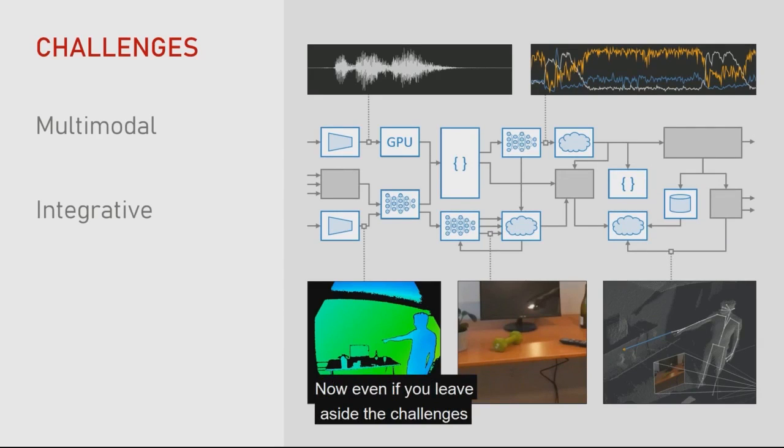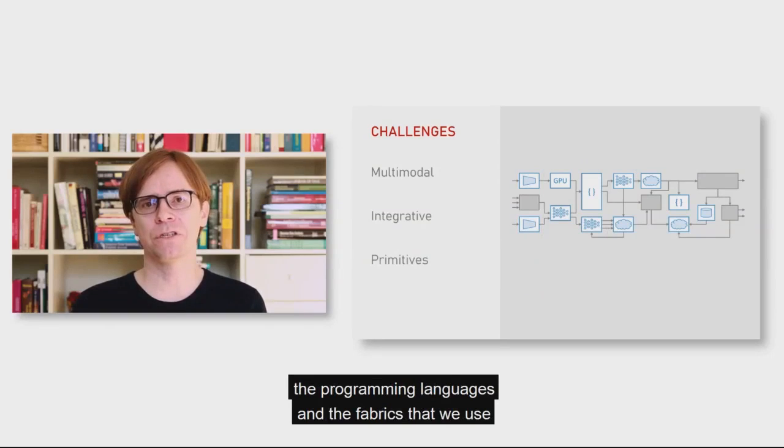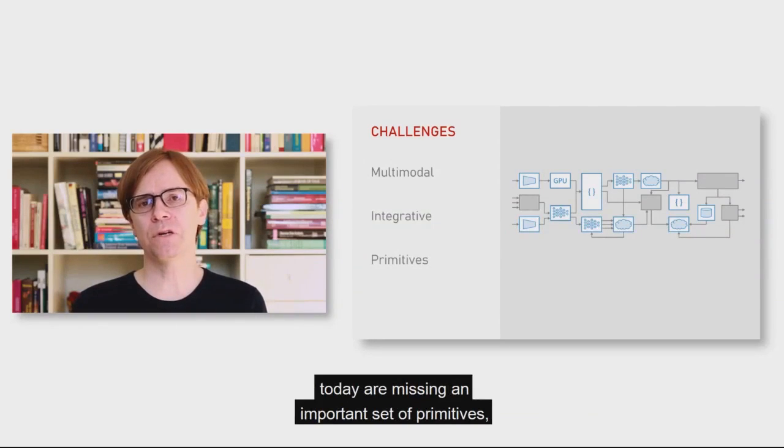Now, even if you leave aside the challenges that stem from the sheer complexity that these systems have, and from the fact that they use these heterogeneous components and they have these stringent performance requirements, a number of other challenges arise from the fact that the programming languages and the fabrics that we use today are missing an important set of primitives, are not well attuned to these kind of applications.